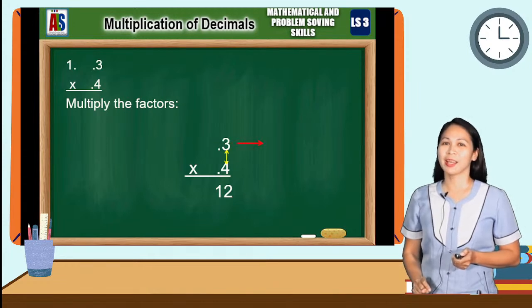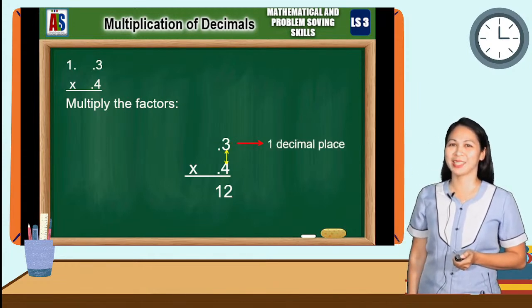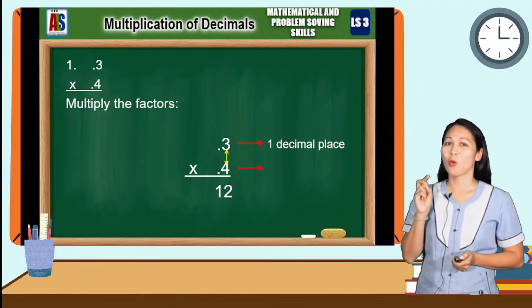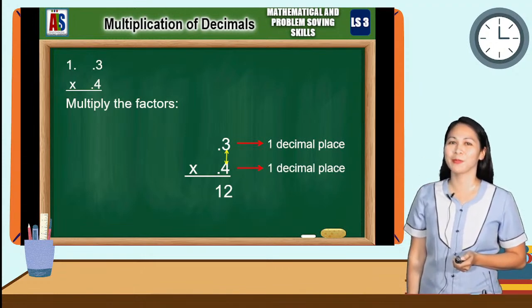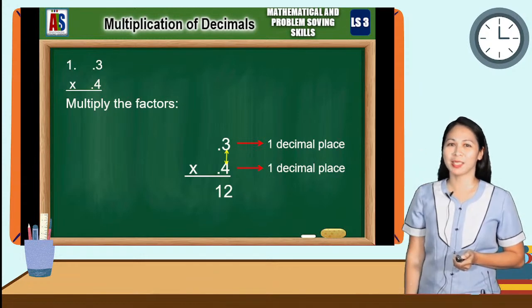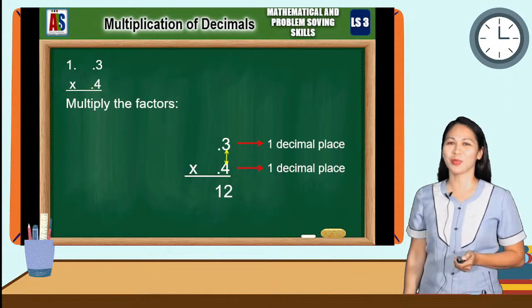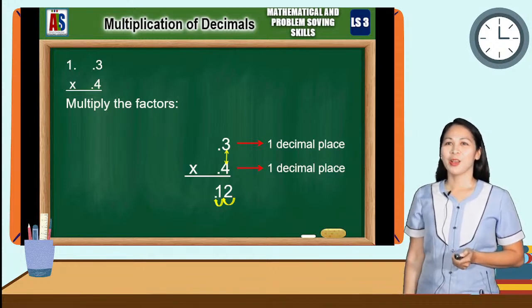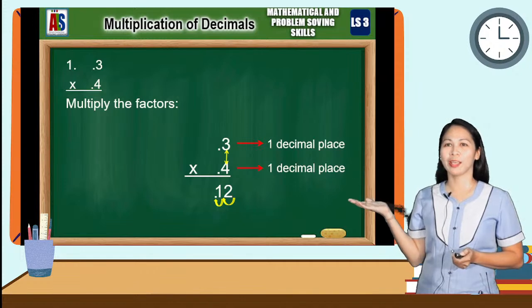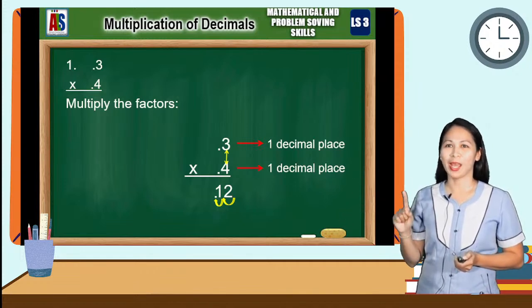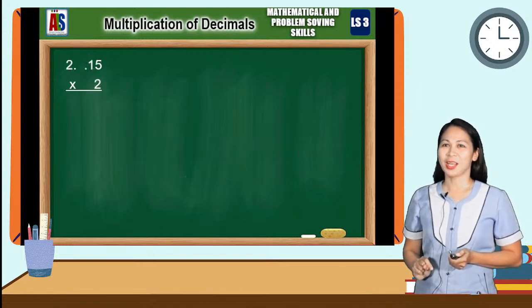So 0.3 has 1 decimal place and 0.4 has 1 decimal place, a total of 2 decimal places. So we will put the decimal point 2 places from the right going to the left. Now let's count. 1 and 2. So the decimal point is here. Therefore, the product of 0.3 and 0.4 is 0.12. Did you get the correct answer? Very good. Let's try to solve number 2.